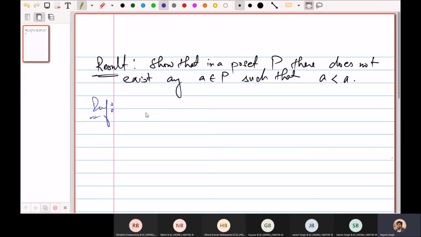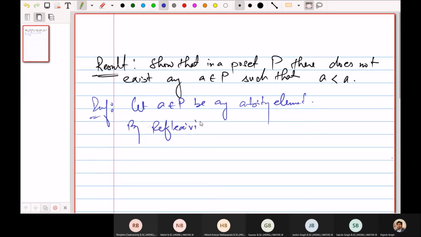Okay, so let A belonging to P be any arbitrary element. By reflexivity, we know that A is related to A. ठीक है?